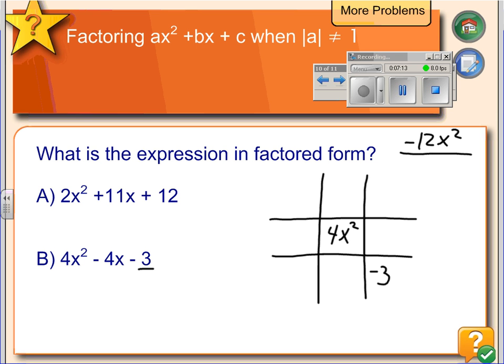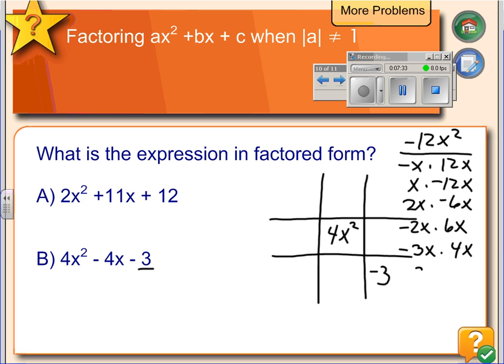Now we make the list for everything that multiplies to make negative 12x squared. So we can have negative x times 12x, or x times negative 12x. And 2x times 6x, or the 2 could be the negative. 3x times 4x, where one of them has to be negative.